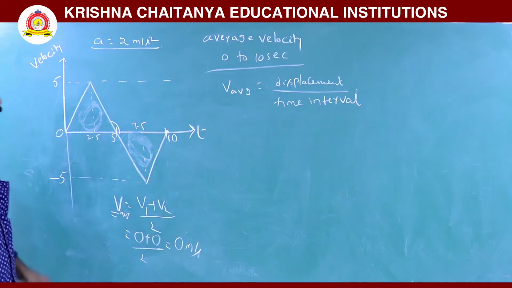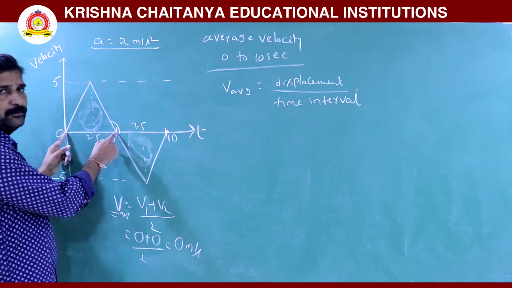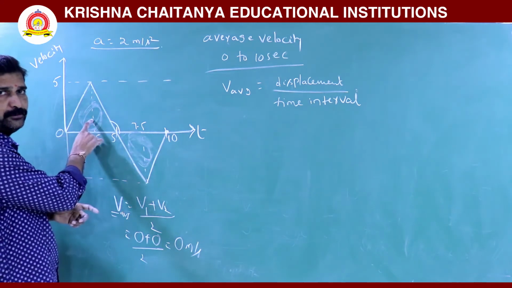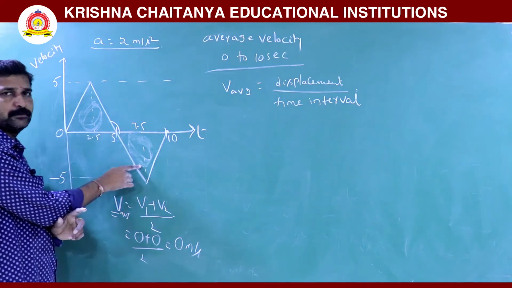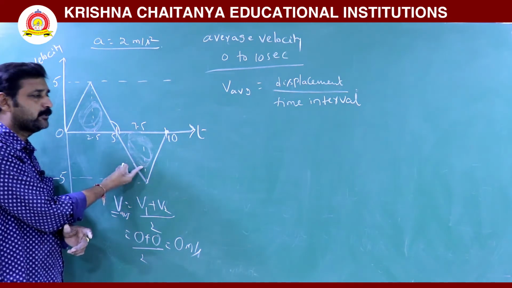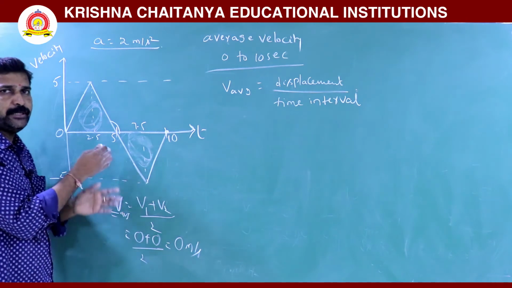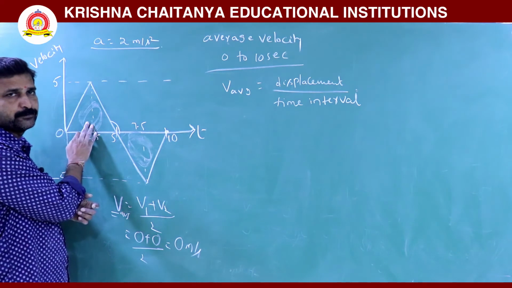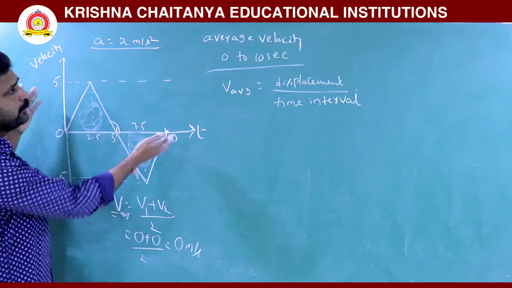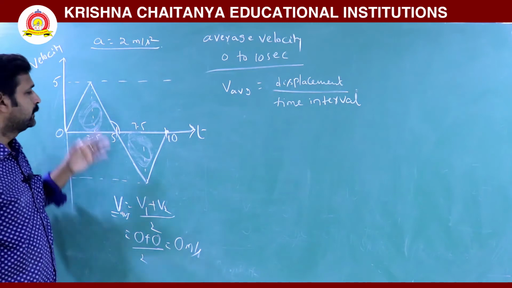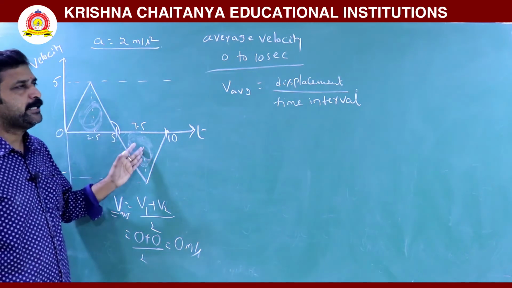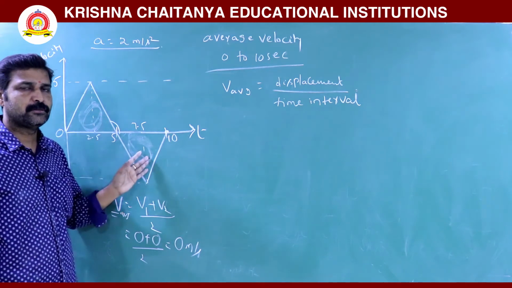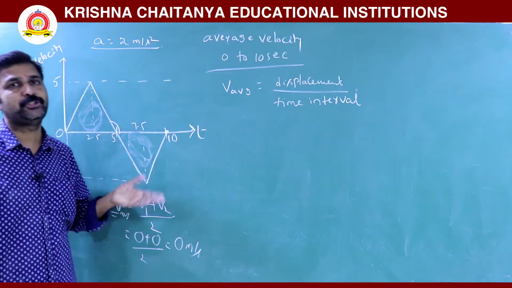If you observe, the area from 0 to 5 seconds is a triangle and it is positive. The same area you have from 5 to 10 seconds is negative. The velocity time graph area gives displacement, so the total area is cancelled out. That means total displacement is 0.